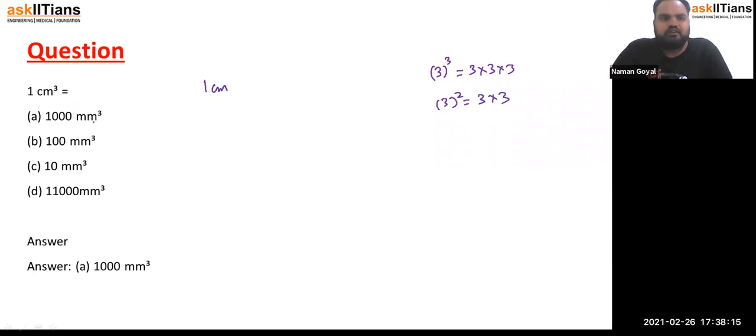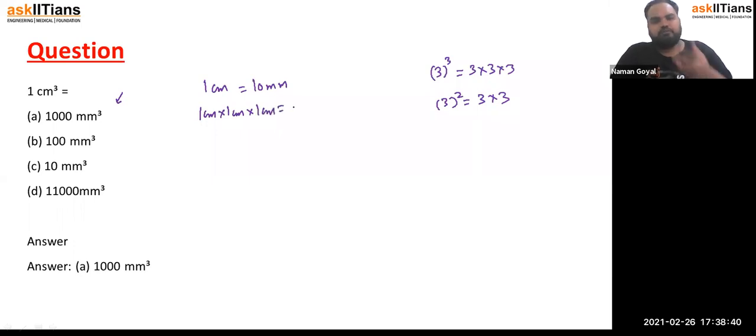If you see the options, it wants to convert that centimeter cube into millimeter cube. So tell me, 1 centimeter contains how much millimeter? 10 millimeter. So 1 centimeter cube can be written as 1 centimeter into 1 centimeter into 1 centimeter.